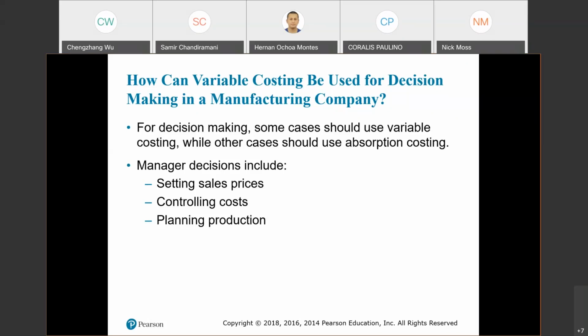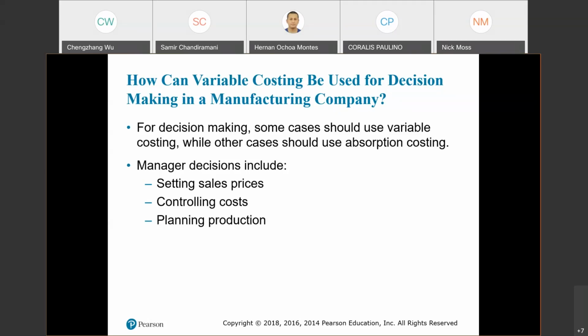But in the short run, variable costing should be used in some cases. For example, if a company has exceeded capacity and has a one-time opportunity to accept a customer order at a discounted sales price, the order should be accepted if the sales price exceeds only the variable cost.